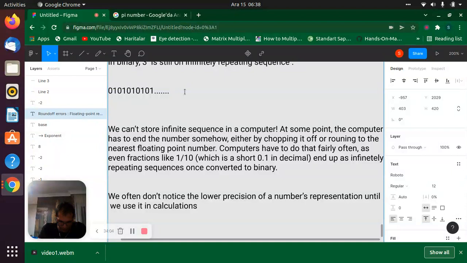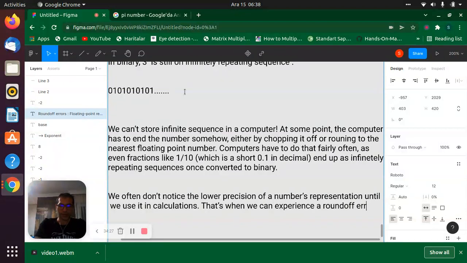Yes, that's when we can experience a round-off error.